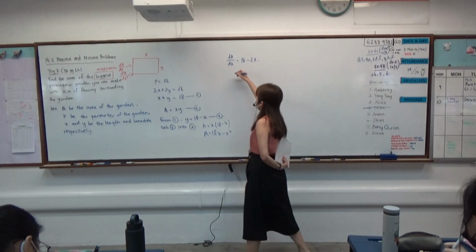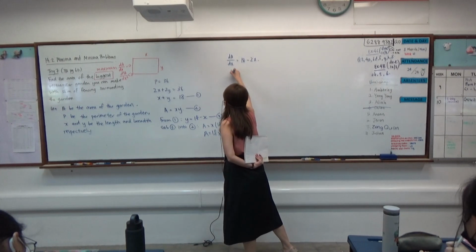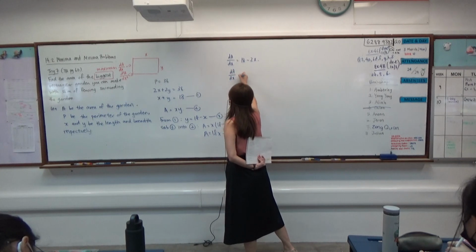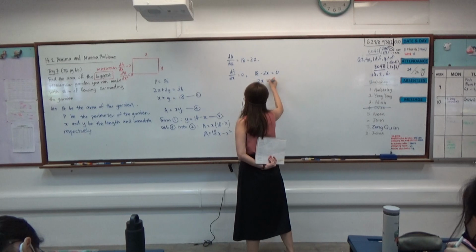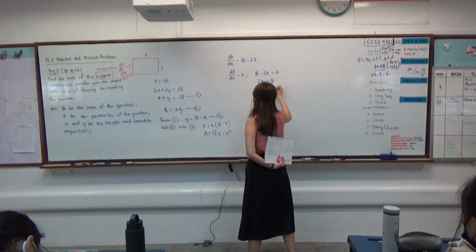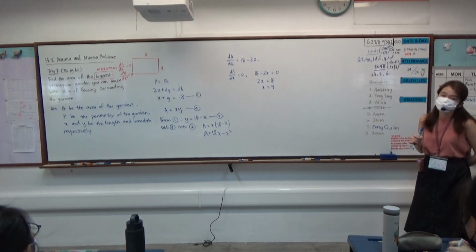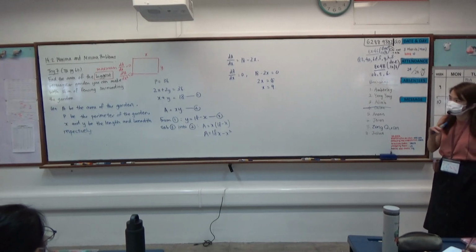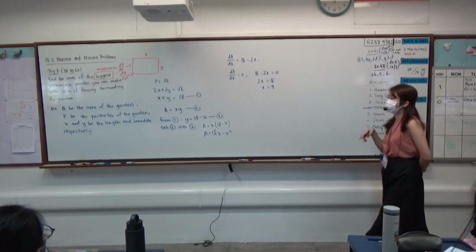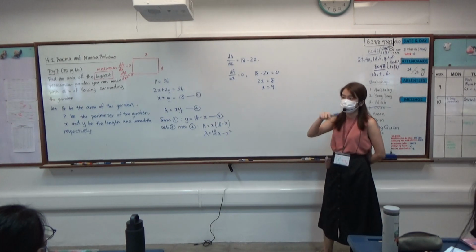And then to figure out where the stationary point is, we set it to 0 and find that x is equal to 9. So the length of the rectangle needs to be 9. But at this stage, we do not know whether it's a maximum or minimum.